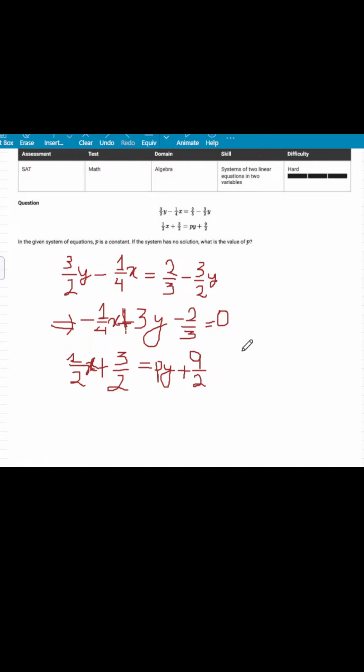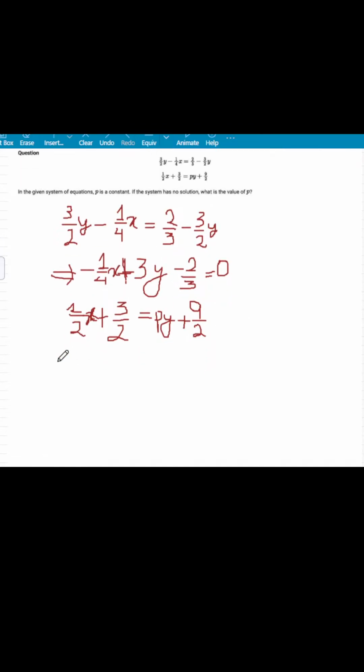Again we can bring it to this side, so we get half of x minus py, and 3 by 2 minus 9 by 2 will be minus 6 by 2, which is minus 3, is equal to 0.